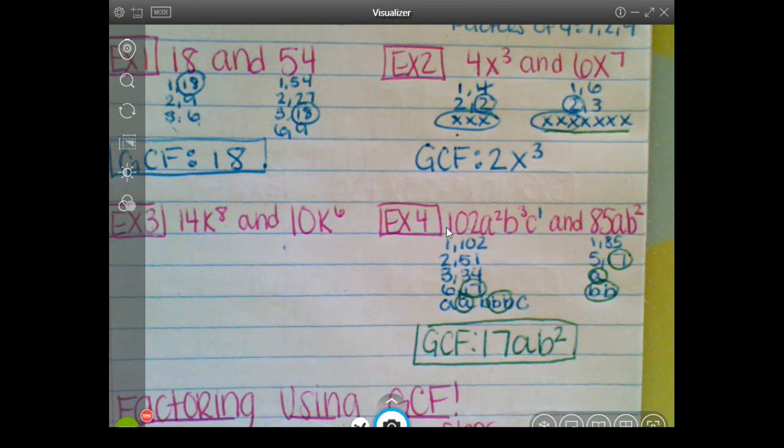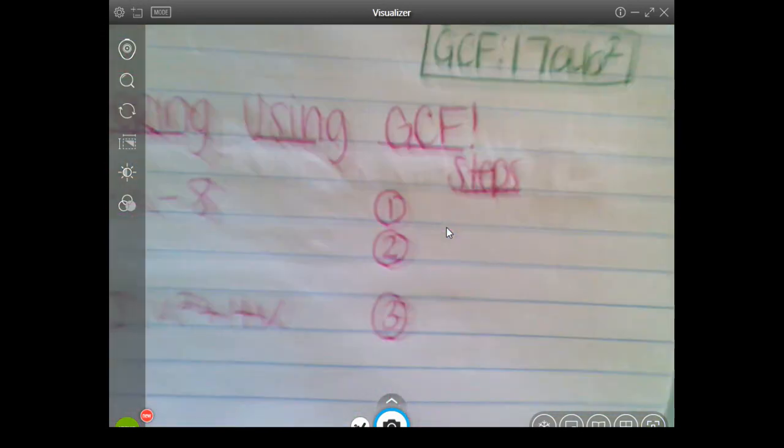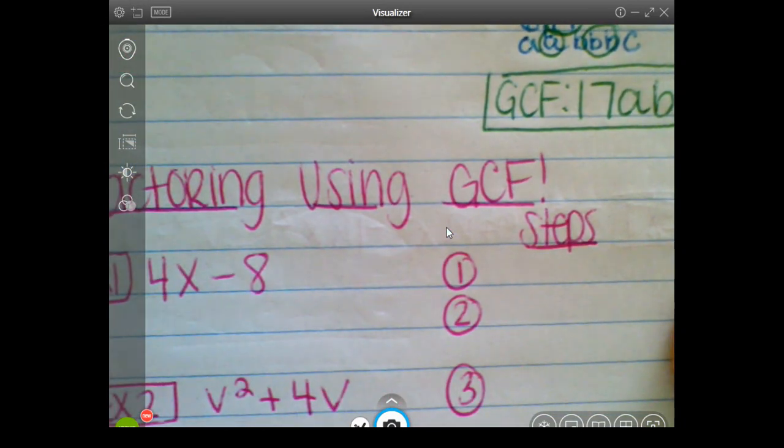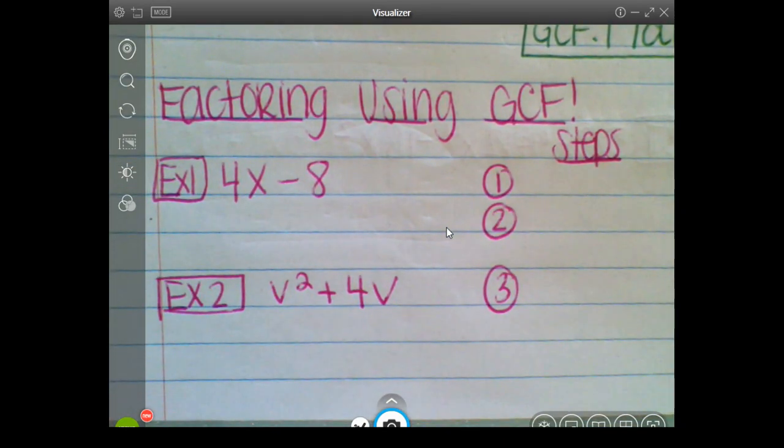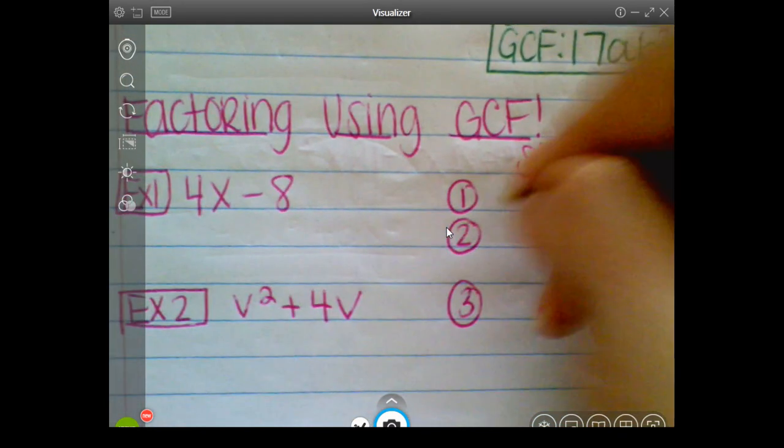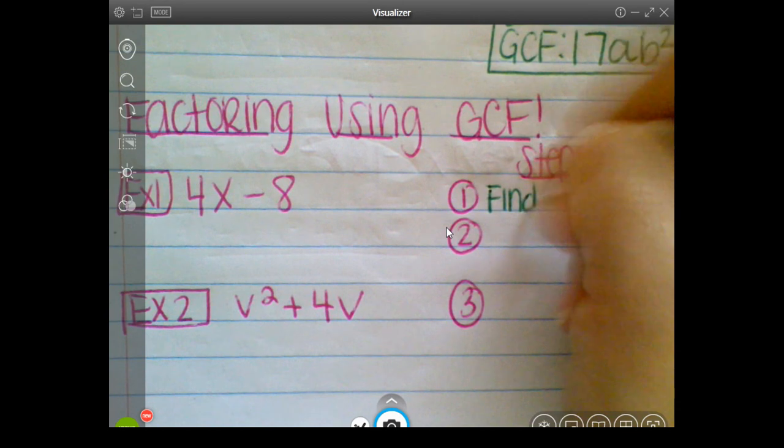Okay, in order to help you, I'm going to give you some steps in solving these. So now we did what is a GCF. Right now we're going to talk about factoring using the GCF. And I'm going to give you some steps along the way. The same thing's going to be true. So we're going to look at example 1. And here's my first step: we want to find the GCF.